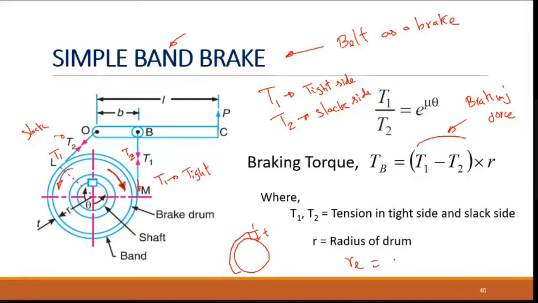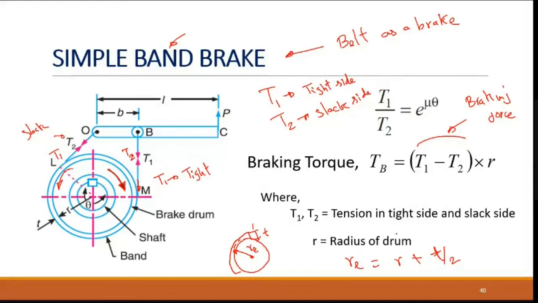Re is the equivalent radius, from the center of the belt to the center point. That Re is the radius of the brake drum plus t by 2, where t is the thickness of your belt.